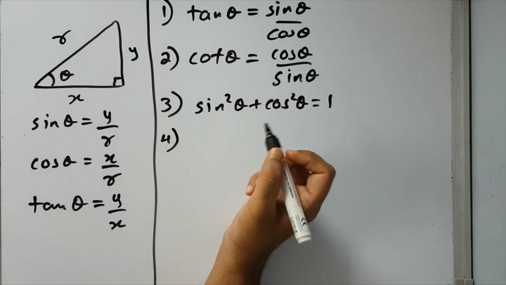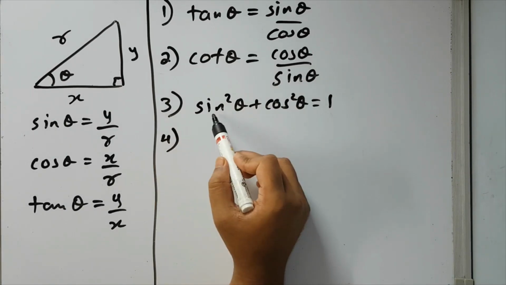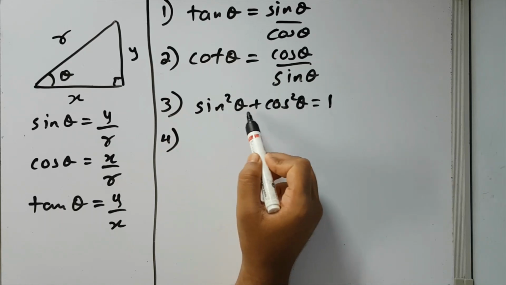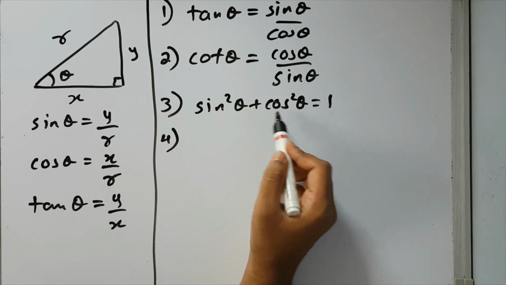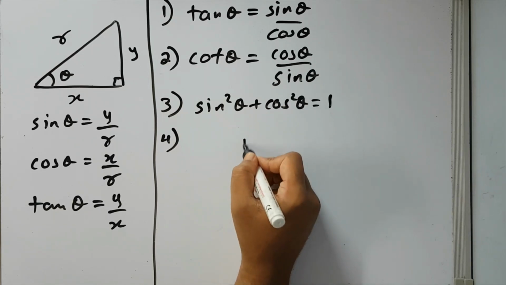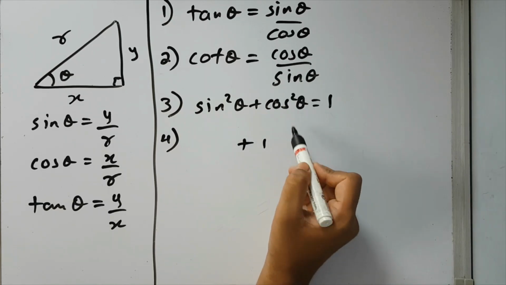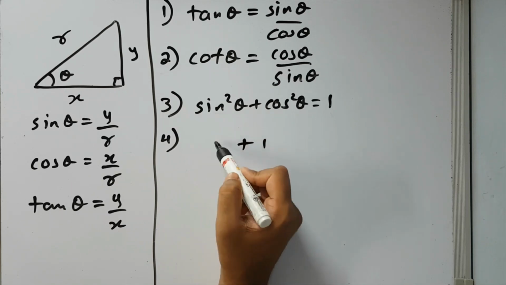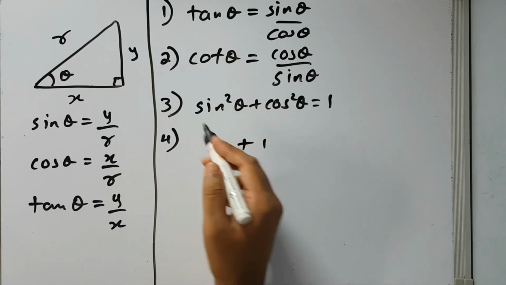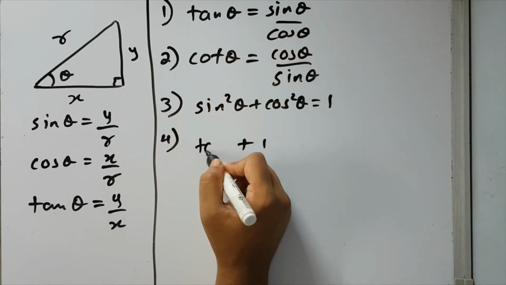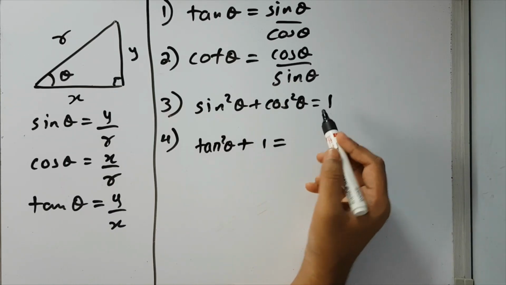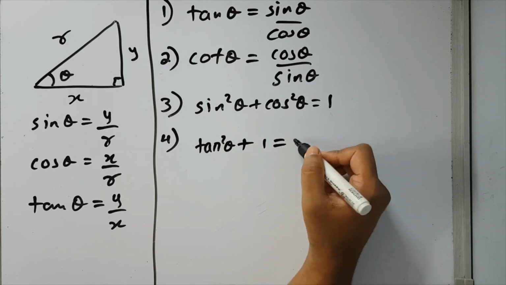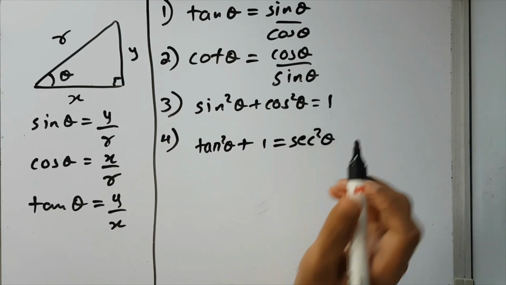Now what I want you to do is divide the whole thing by cos square theta. When you do that, cos square by cos square would be 1, and sine square by cos square would be tan square. So tan square theta plus 1 is equal to 1 upon cos square theta, that is sec square theta.